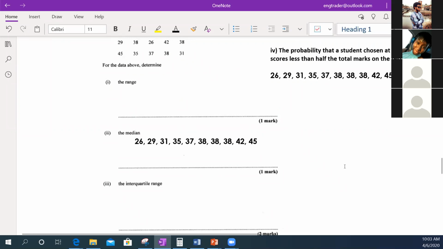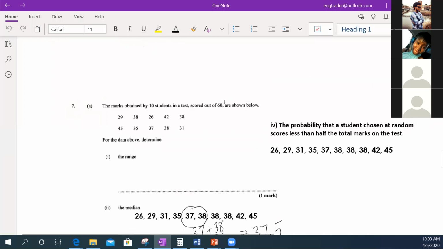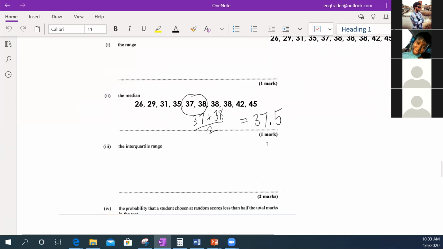We add the 37 and the 38 together, which gives us 75, and then divide that by 2 to give 37.5. This wasn't an actual percentage, because the overall score was just out of a number, so you just got 37.5 marks, you could say.